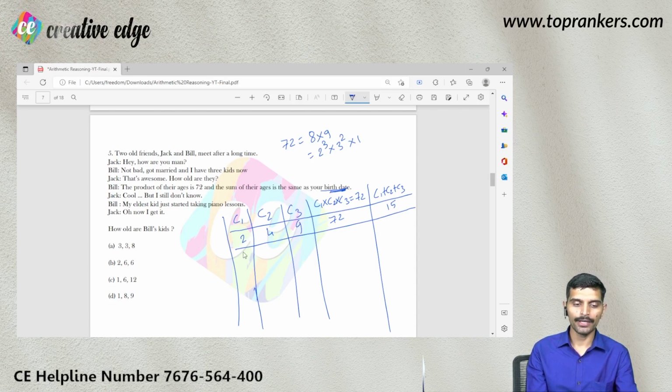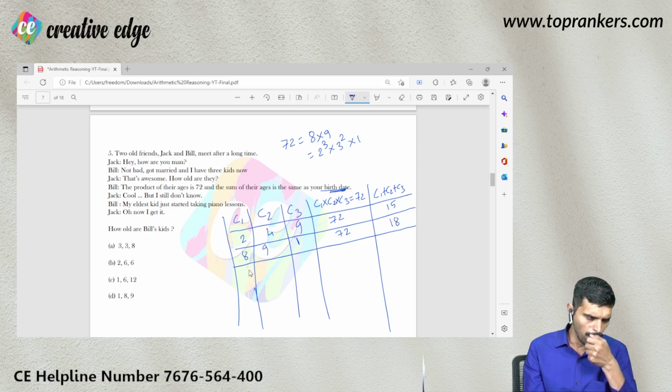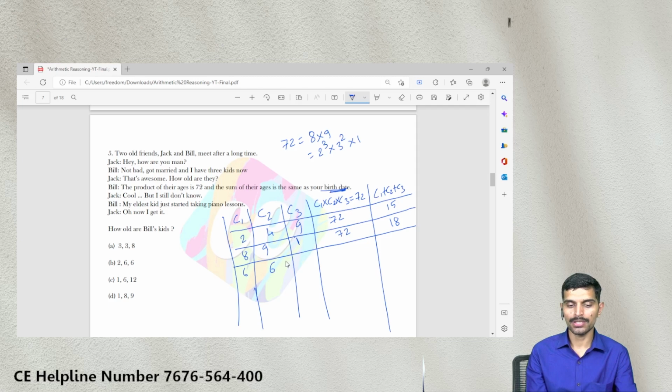Can we write it as 8, 9, and 1? Yes, we can write it as 8, 9, 1 as well. So it is 72, and the sum is 18. Then can we write 6, 6, 1? No, we cannot write 6, 6, 1, but 6 into 6, 36 into 2 will be 72.